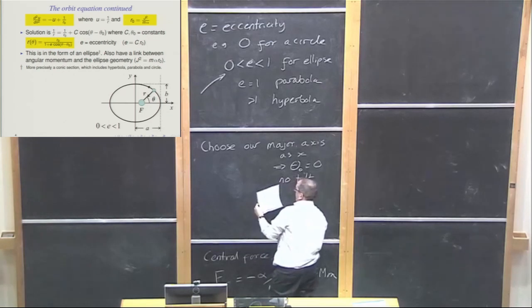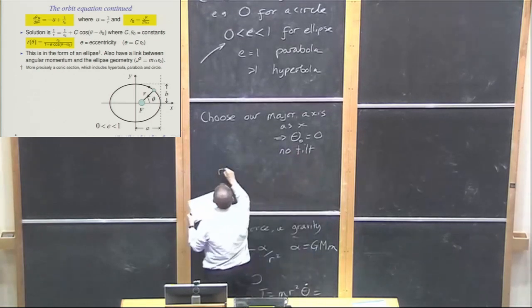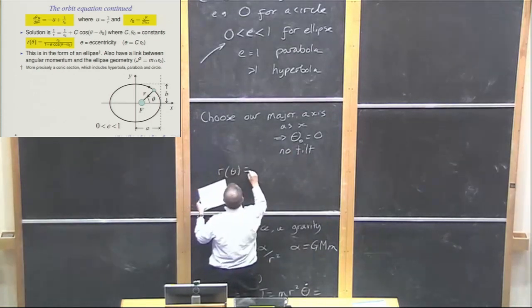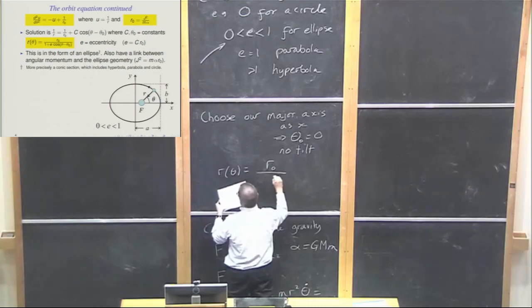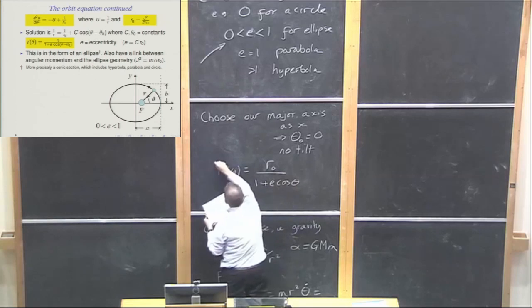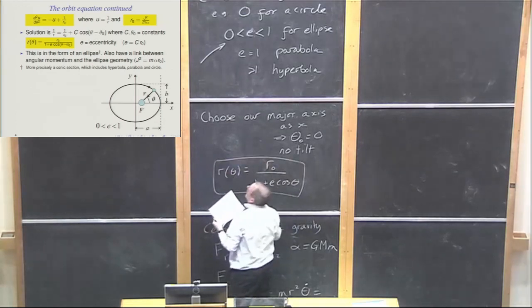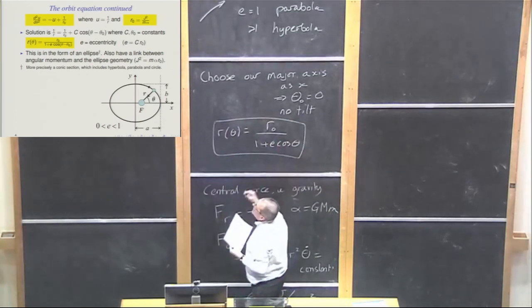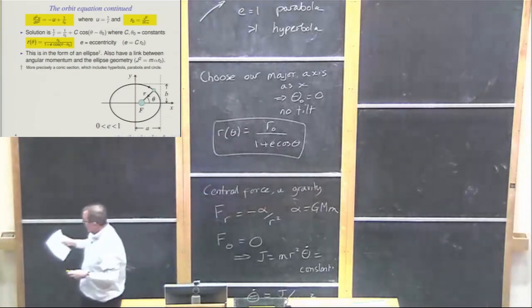And then r of theta will be equal to r0 over 1 plus e cosine theta. And this will be the form of the expression which we will be dealing with from now on.